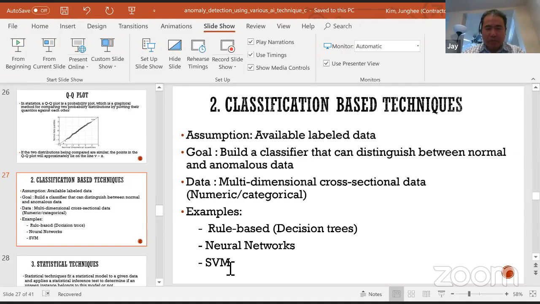Then SVM is another way. It uses the kernel trick, and with that we can classify whether this is an outlier or not, right?